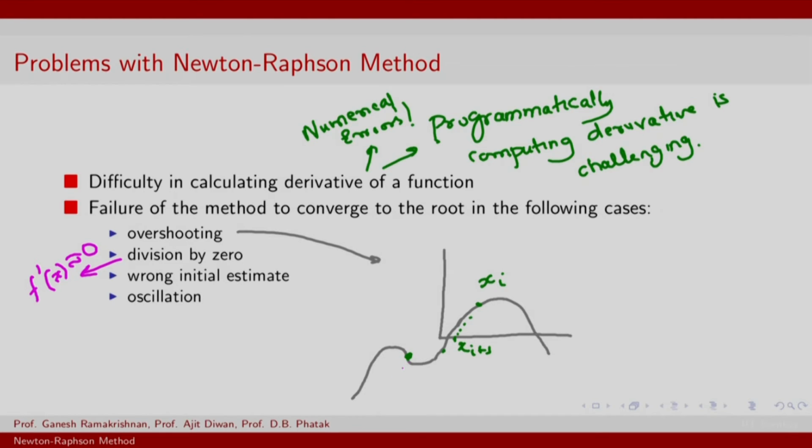For example, the xi could be here, in which case you make a move in this direction which might never get you to 0. So this is an example of wrong initial estimate. And finally, one might oscillate. So you might have an xi which is reasonably initialized somewhere here, but it is possible that you oscillate between two iterates on either side of the x axis.